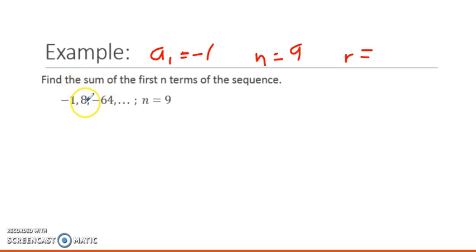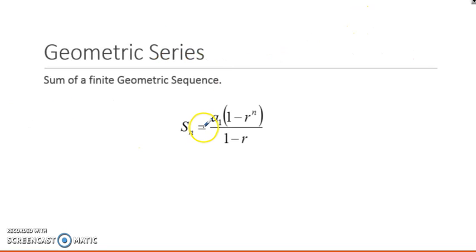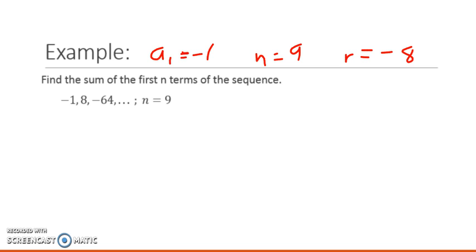In this case, if I say 8 and divide by negative 1, then I get an r value of negative 8. So this actually has all of the information we need to use the sum formula. By looking at this, all I needed was a sub 1, r, and n. So we're ready to actually plug in and evaluate the sum of a sequence right now.